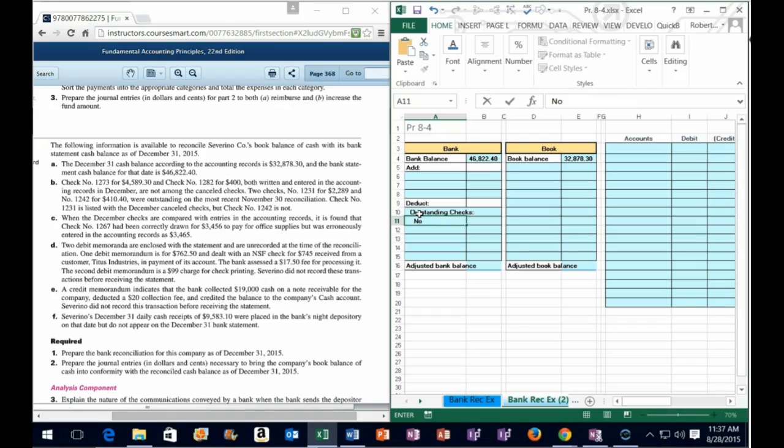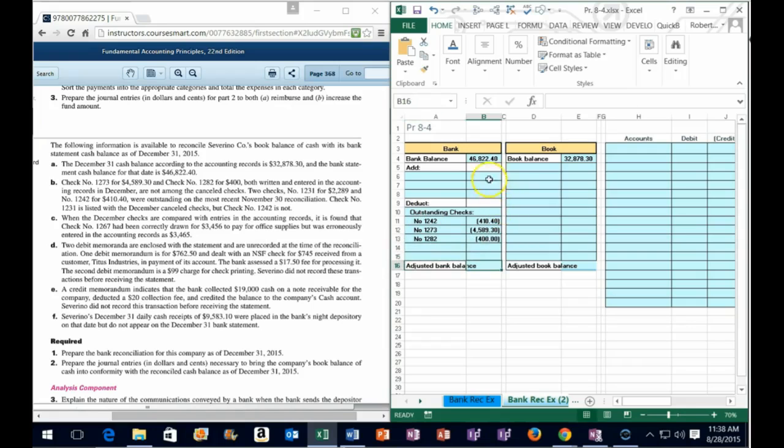So number 1242 is outstanding, and I'm going to make it a negative, so we could just say negative 410.4, and then check number 1273 is outstanding. I'm going to say it's a negative 4589.3, and then check number 1282 is outstanding for negative 400.